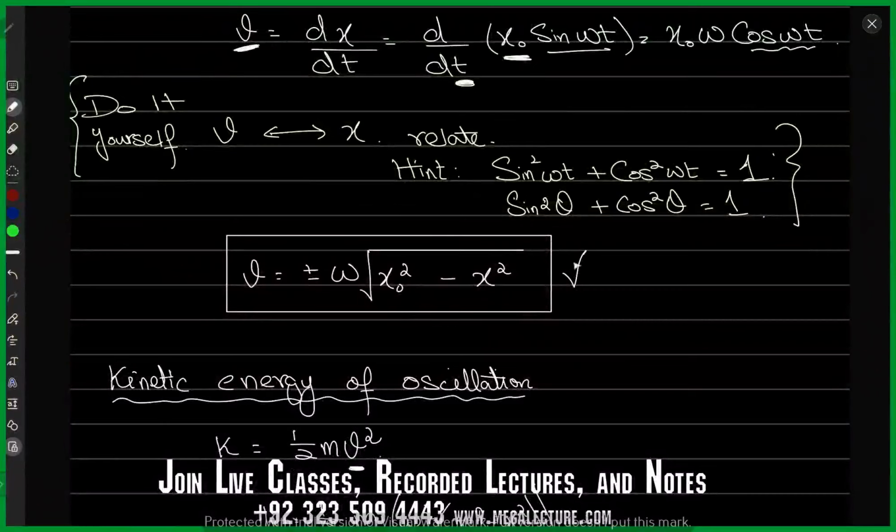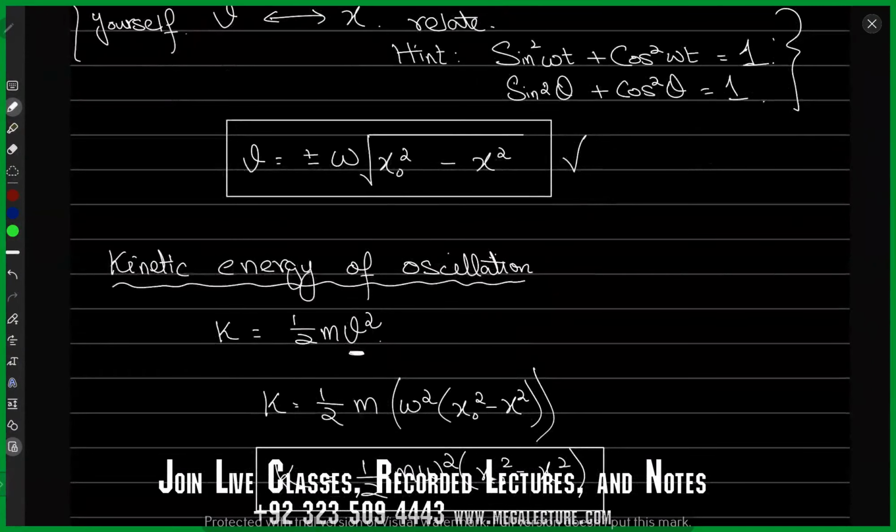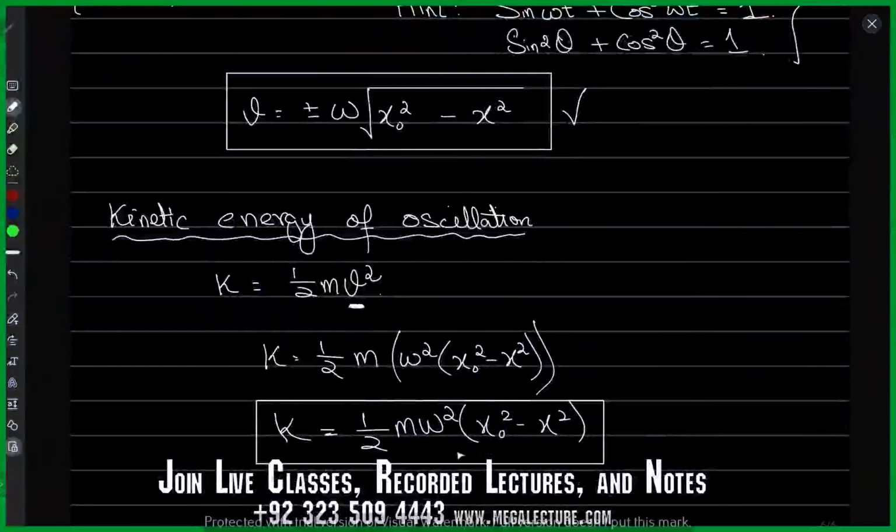And then when you find this relation, just use this in half mv squared. In place of v, use this thing, and then you get the kinetic energy as this. So x naught is just the amplitude of the oscillation. It will always be a constant number. The only variable in this is x squared, right? So it is any position of the oscillation.